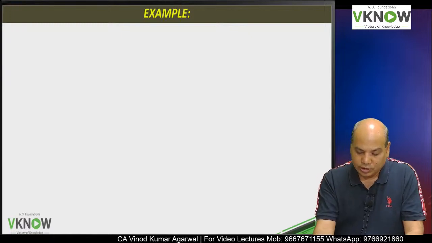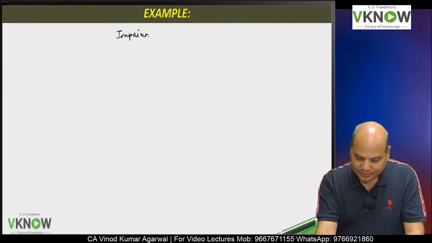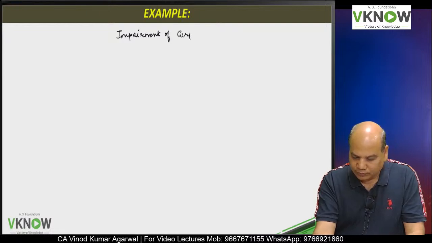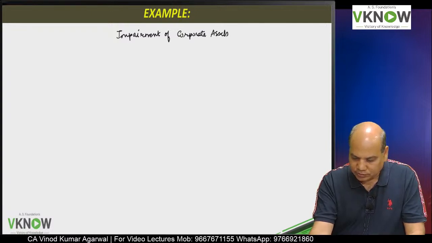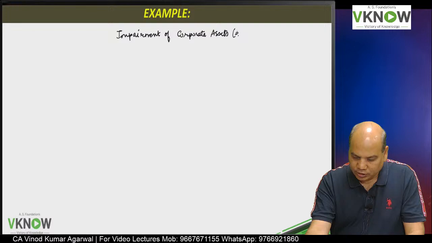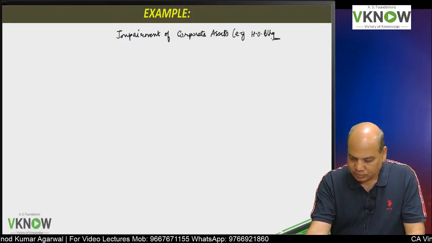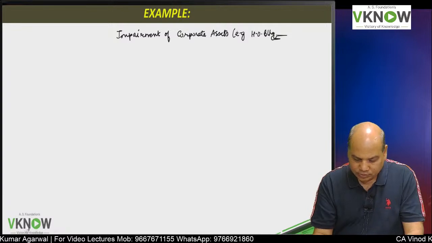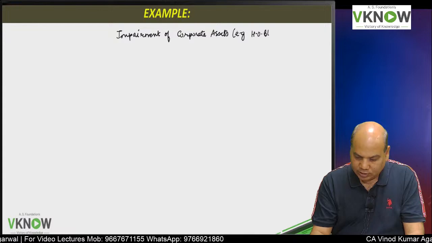The student will write a note in the notebook. Impairment of corporate assets. For example, head office building.